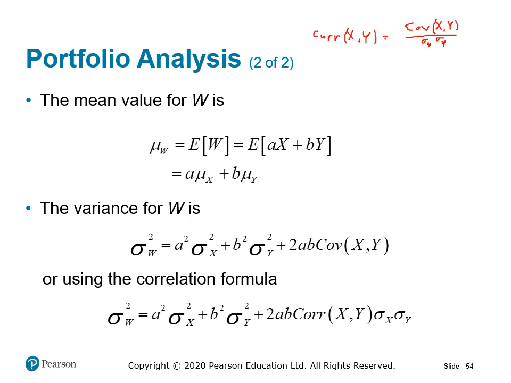What that means is covariance is going to equal the correlation times the standard deviation of x and y.